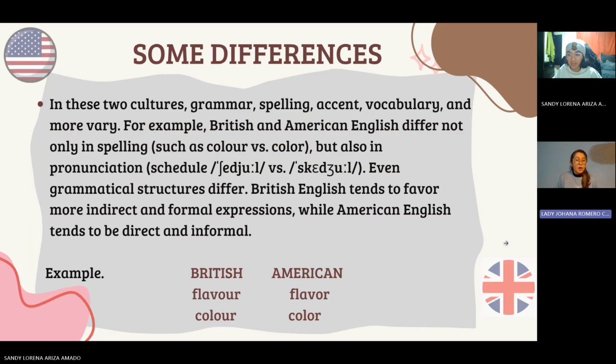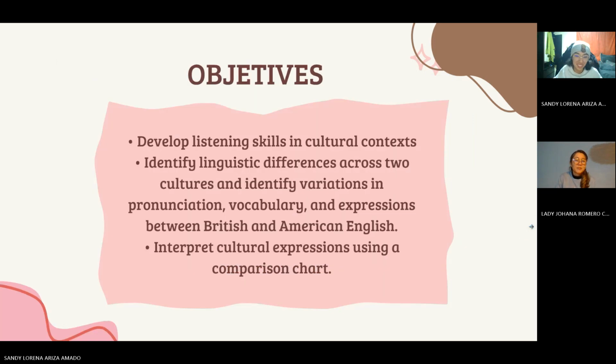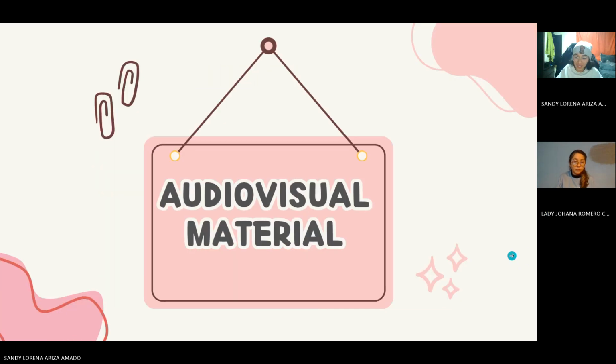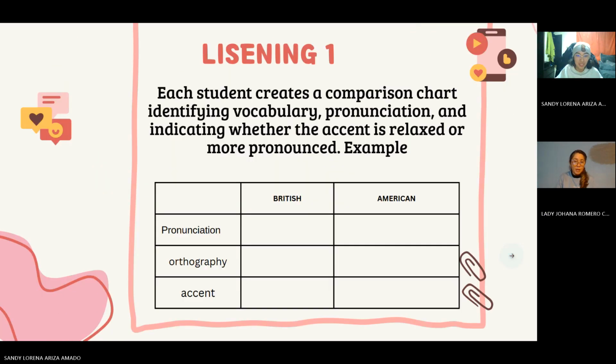Here we present the difference in words like flavor and color: the pronunciation is different, and the writing also. Also culture, grammar, and spelling, as in vocabulary and spelling.